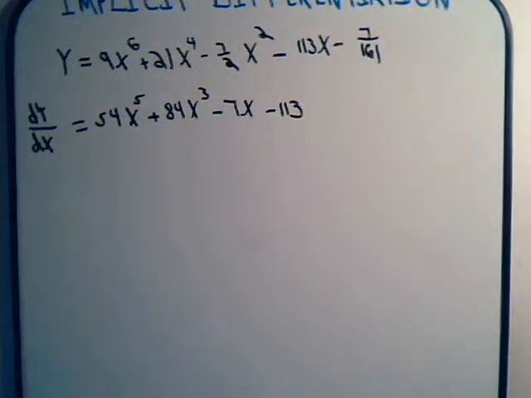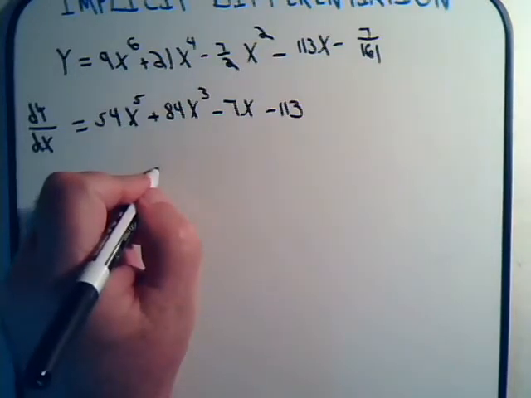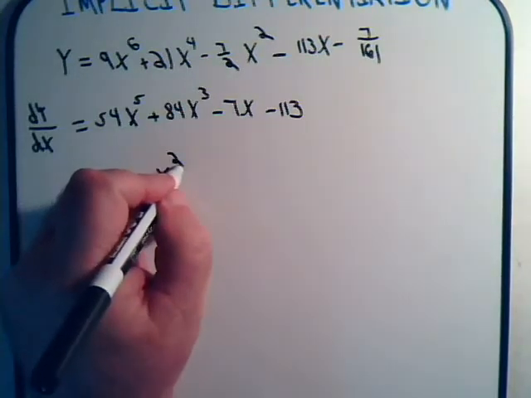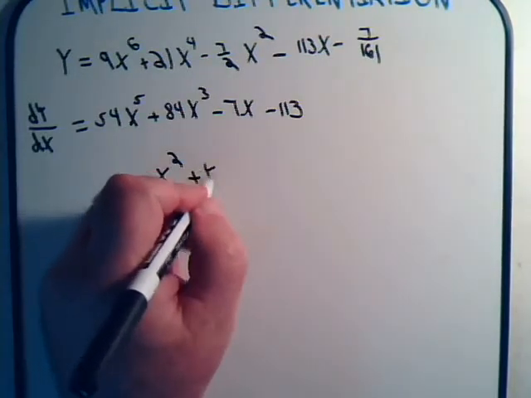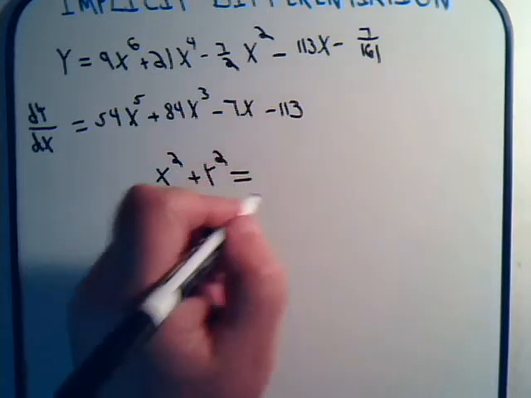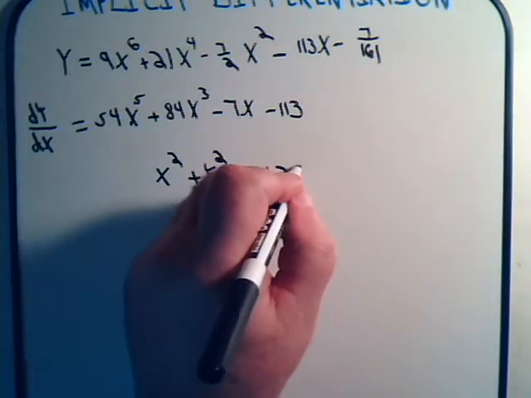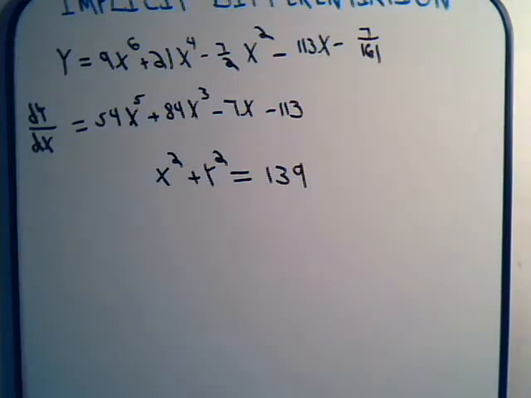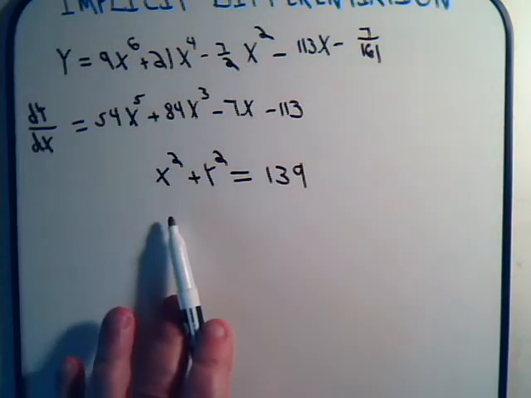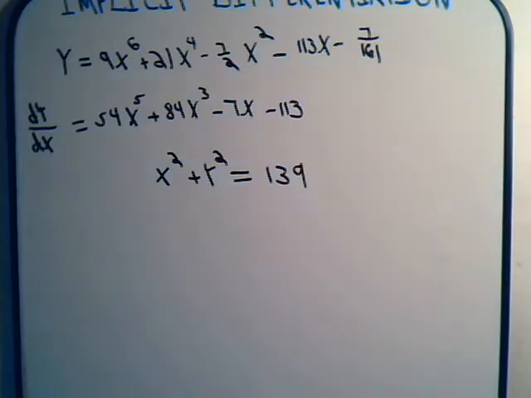Let's go back and look at our original equation, where we had x squared plus y squared equals 139. What we can do is what you've been doing all along. You want to find dy dx? Then we'll go ahead and take derivatives of both sides of this equation with respect to x.